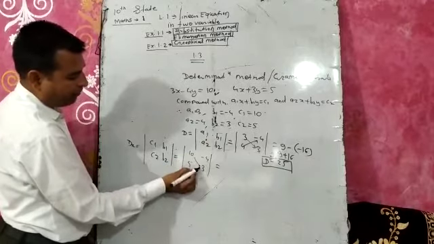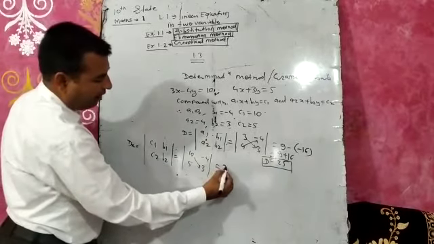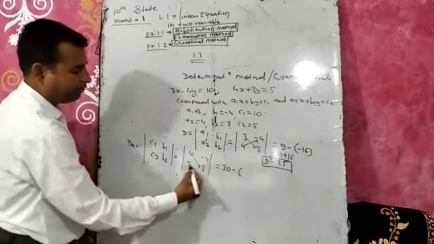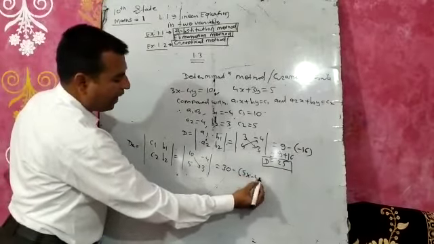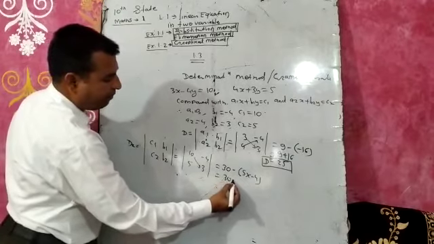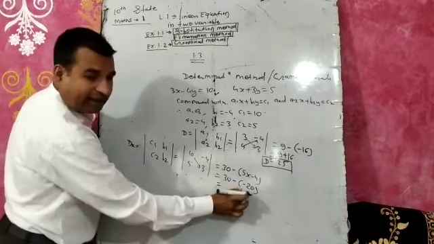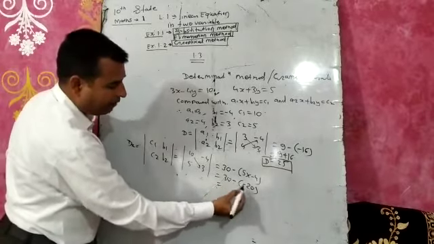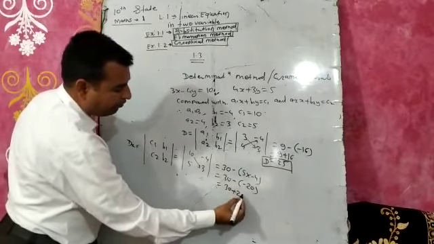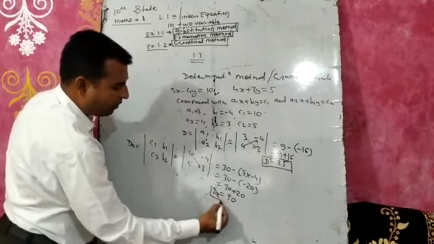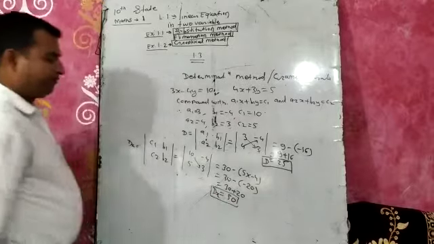Here once again, 10 times 3 is 30, minus, after minus bracket compulsory, 5 into minus 4, 30 minus minus 20, minus into minus is plus, 30 plus 20 is equal to 50. This is the value of Dx.